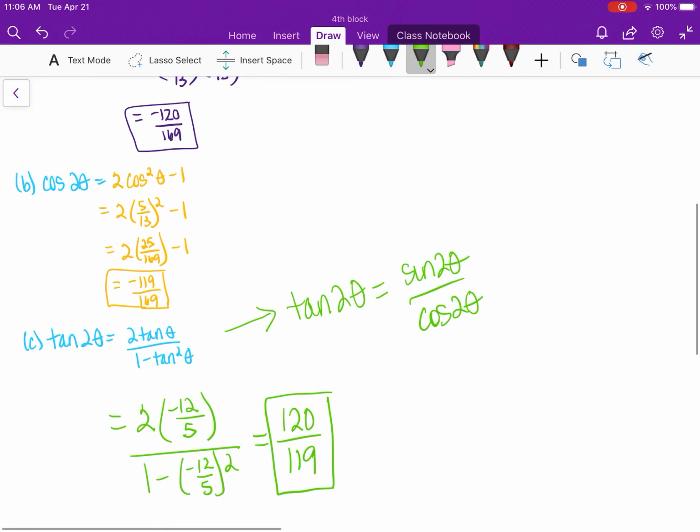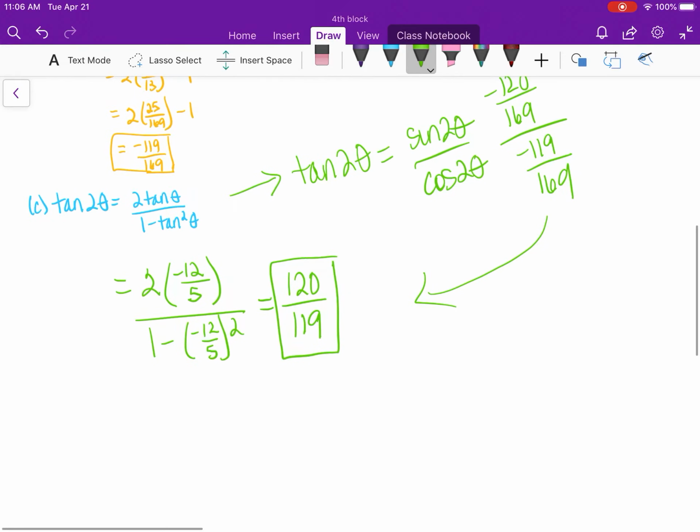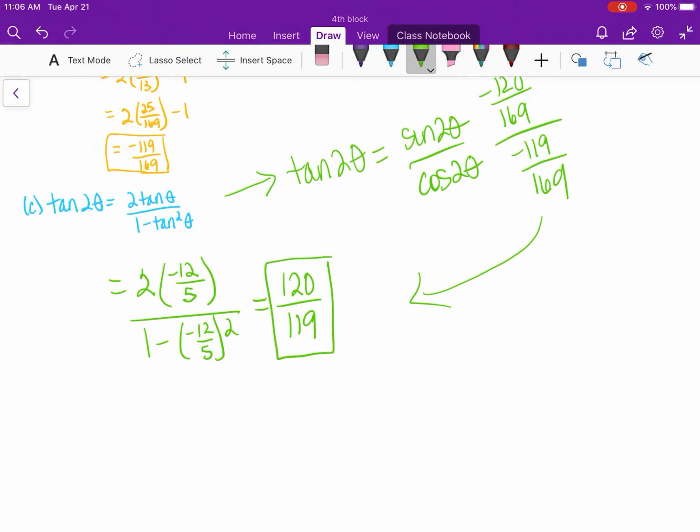And so you could just divide negative 120 over 169 by negative 119 over 169, and you still end up with that same answer, okay? I wanted you to see how the tangent formula works, so I went ahead and worked it out that way. But keep in mind, if you're asked to find all 3, then you could do that. That would definitely be a little simpler.